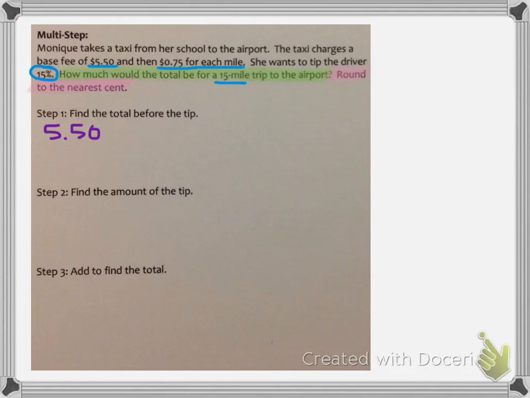Well, we can multiply. So what we're going to have to do is add $5.50 to whatever 15 times 75 cents is. So once we do that, we know exactly how much the total will be before the tip.